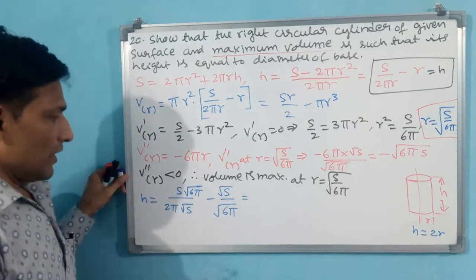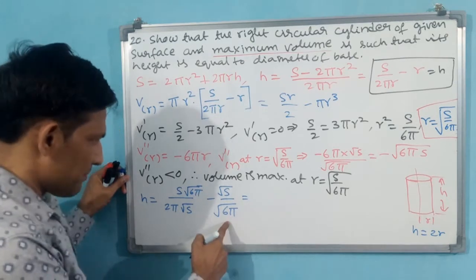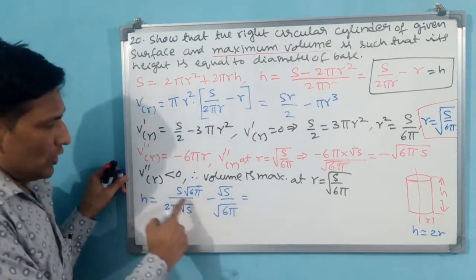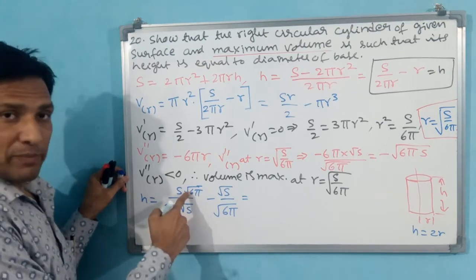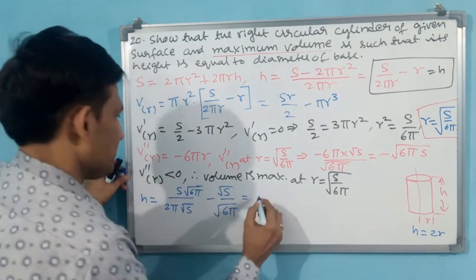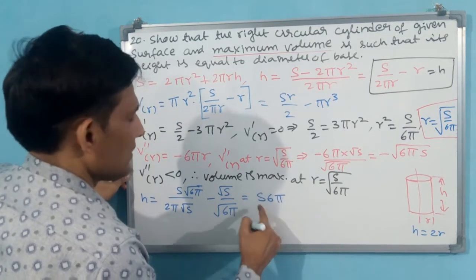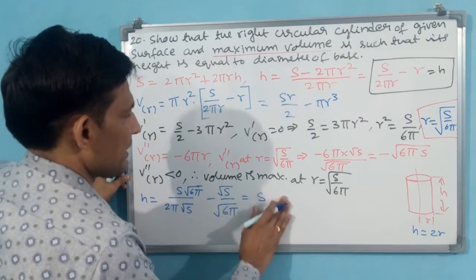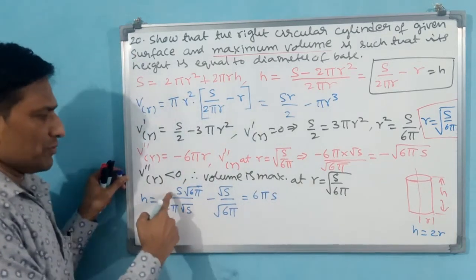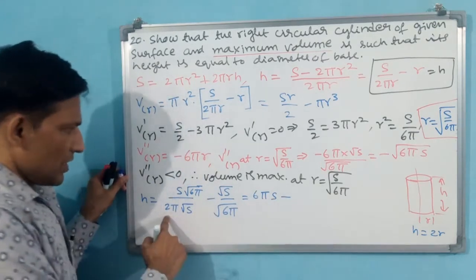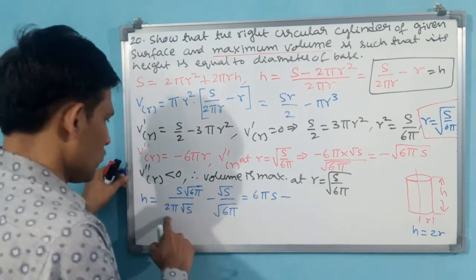Now you cross multiply both. If you cross multiply, 6 pi s will come, because root 6 pi and root 6 pi both are going to become 1. I will write like this: 6 pi s minus, here also root s going to become a single s, 2 pi s.